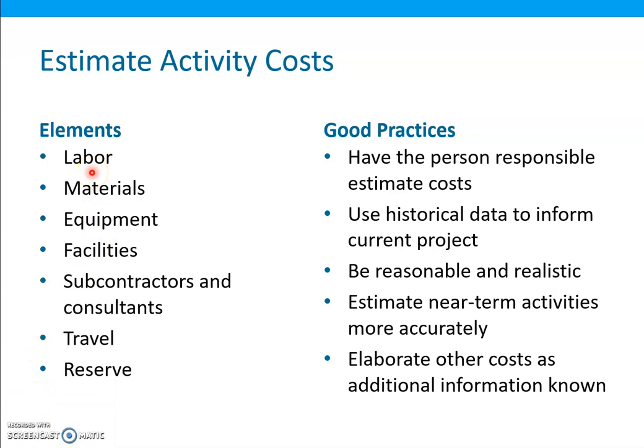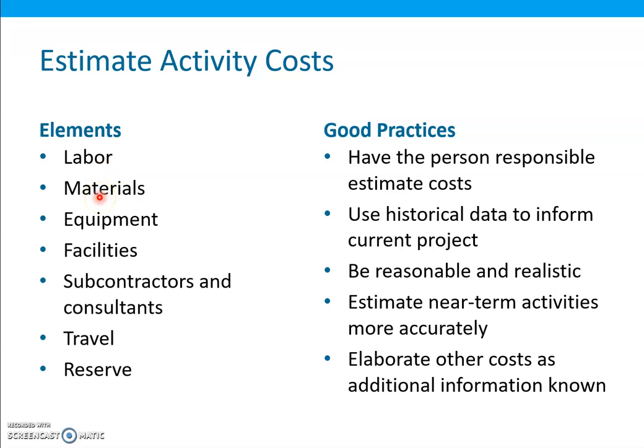The estimated cost for the various types of classifications of people who are expected to work on the project, based on the estimated work time, not necessarily the same as the activity's estimated duration, and the dollar labor rate for each person or classification.